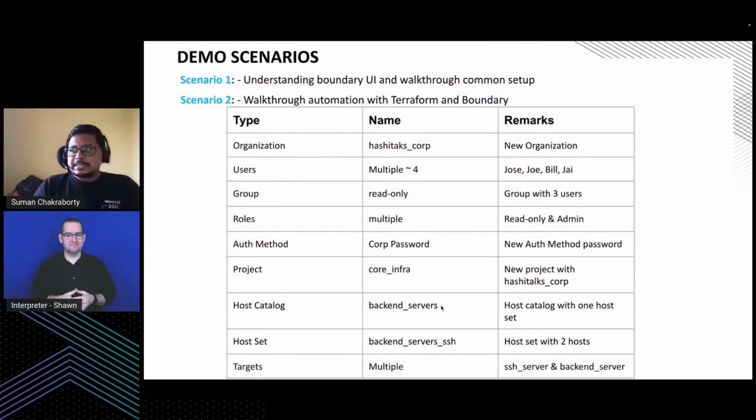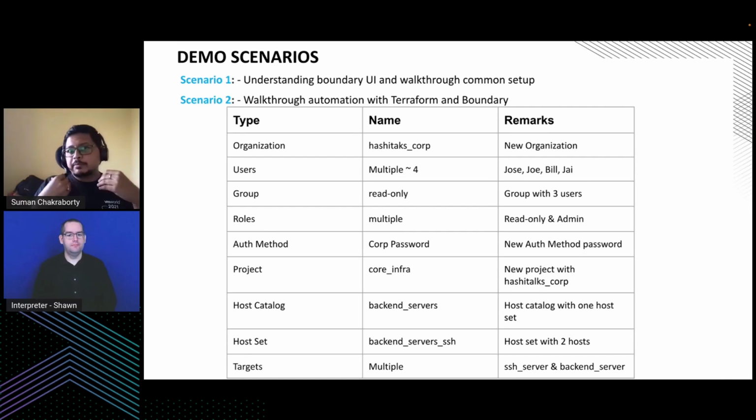In the second scenario, I want to create the exact replica of this scope, defined together with the organization, users, groups, roles, the auth method, the project, the host catalog together with the host systems, and the targets, using Terraform.